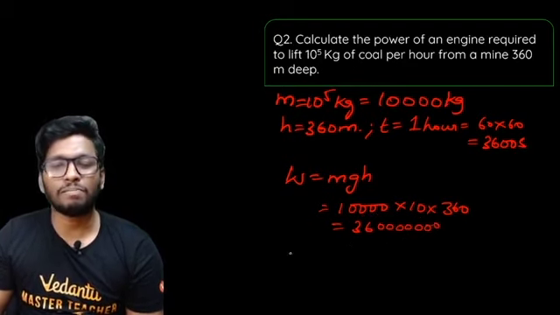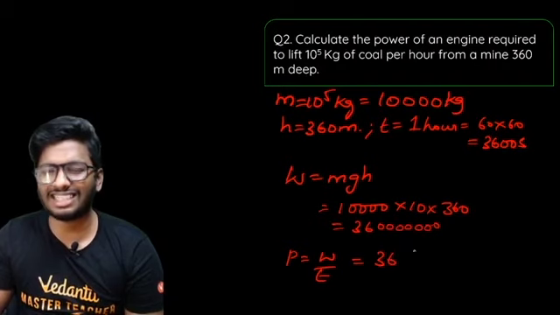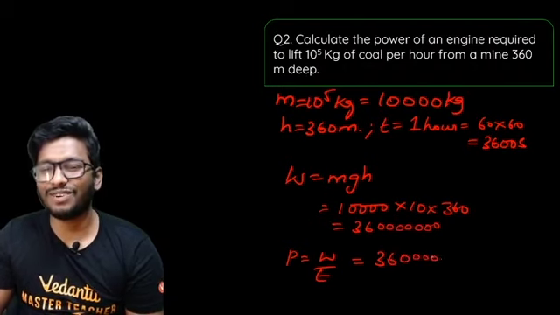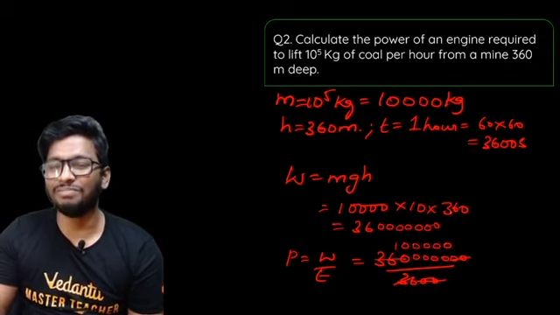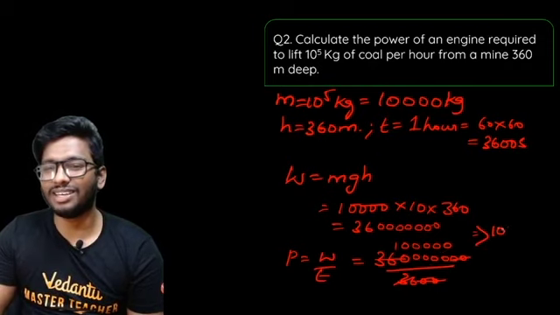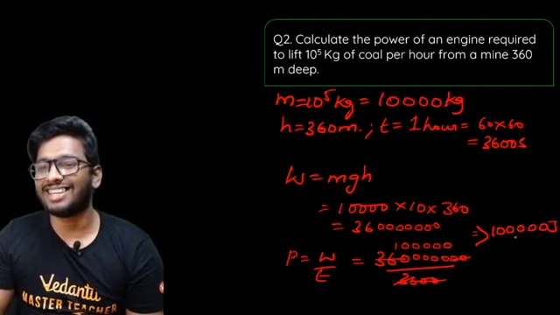All right. Now, power is what? Work done by time. Work done is 36 with 7 zeros, divided by time taken, which is 3600. The double zero gets cancelled, 36 by 36 is 1, and you're left with 5 zeros. So you'll get 1, 2, 3, 4, 5, that's 1 lakh joules.